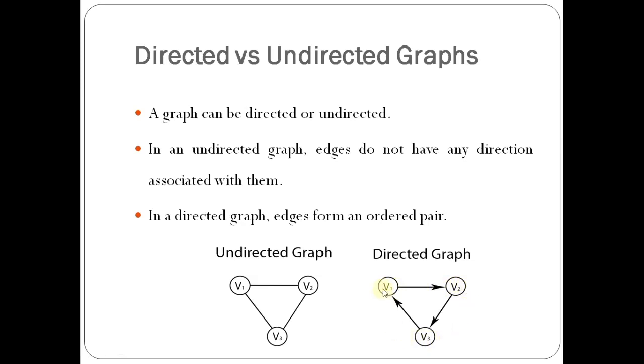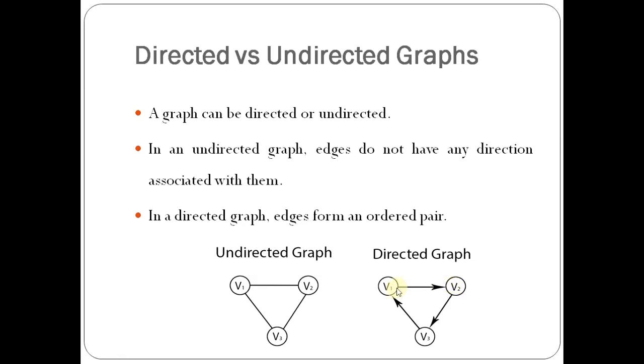So in a directed graph, the edge between two vertices is single directional. It means we can traverse from V1 to V2, but not necessarily from V2 to V1, as there exists an edge from V1 to V2 but the V2 to V1 edge does not exist.